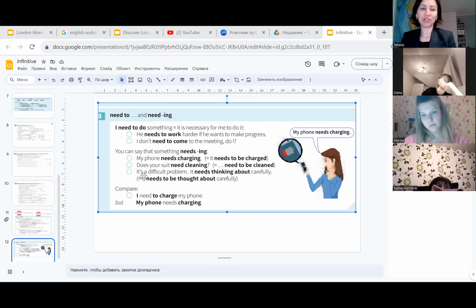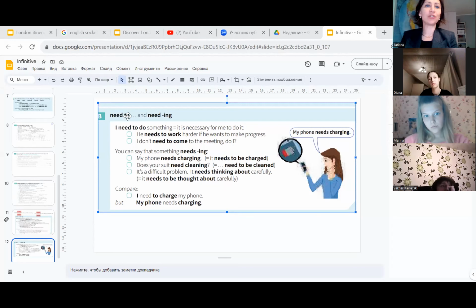Next time you charge your phone, you say this phrase, okay? My phone needs charging. Or, does your suit need cleaning? The suit will not do the action. Somebody will do the action of cleaning, but the suit needs cleaning. Is it a difficult problem? It needs thinking about carefully.